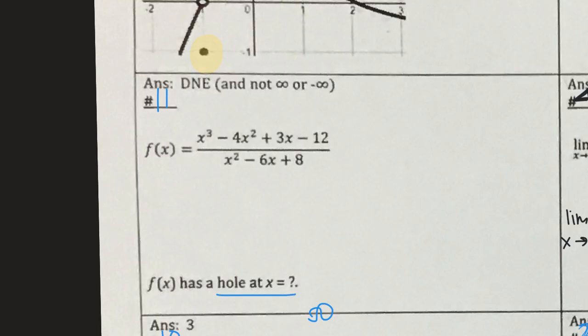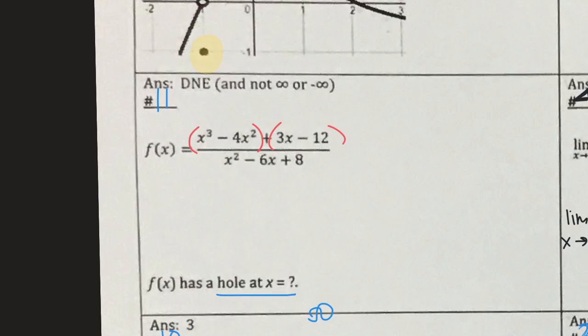So factor. Look at that top thing. How are we going to factor that top thing? We're going to factor it by grouping. So we group the first two, and we group the second two. Okay? So if it's a cubic with 4 terms, we're going to factor it by grouping.